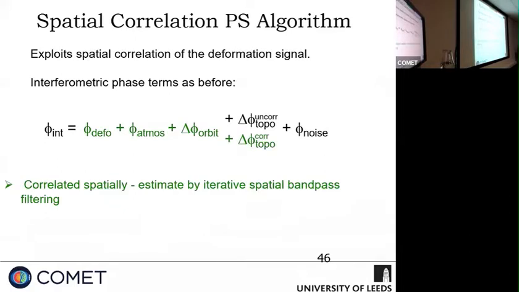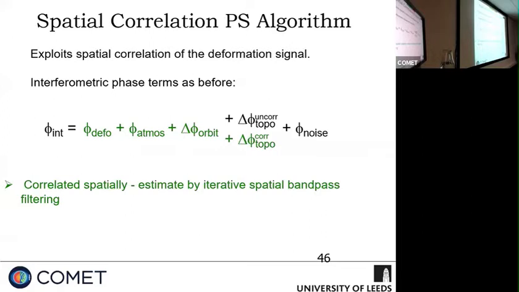So in this case, we're not trying to model our deformation and topography by using the time dimension. We're going to model it by realizing that the deformation, atmosphere, orbit, and part of the DEM error are correlated in space. So if I stand here and move to the next pixel, the deformation is going to be almost the same. We're looking at a coseismic interferogram, a volcanic interferogram.